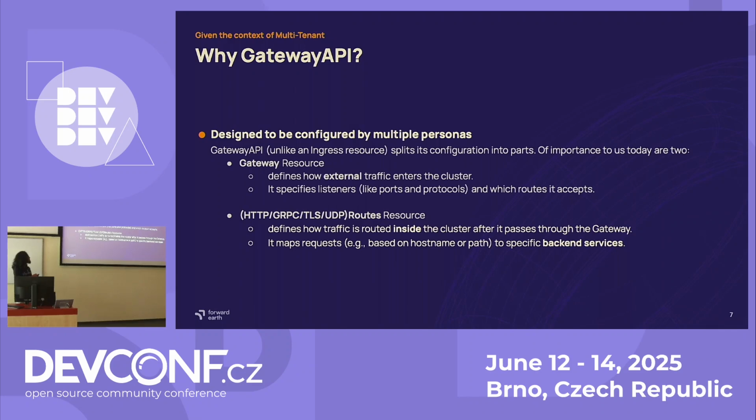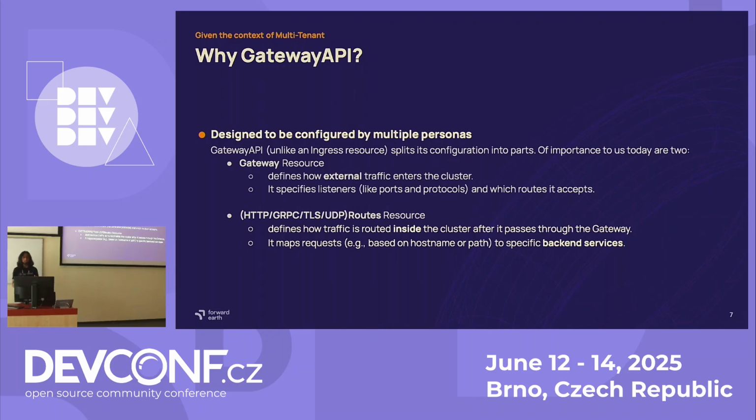or your root resource, which is generally prefixed with the type that it is. Your gateway resource, think of it as the top definition in your current ingress resource. It defines how external traffic enters the cluster. So it defines, from your load balancer to your cluster, what is accepted, which host names are accepted, what type of traffic is accepted, what ports, protocols, and it also defines what routes can be attached to that specific gateway.